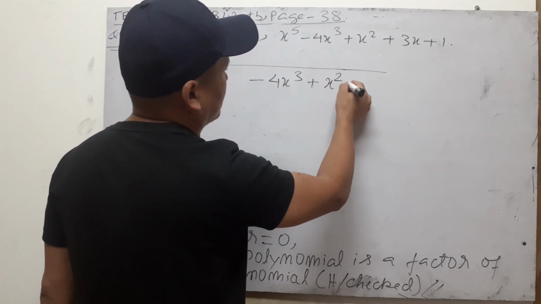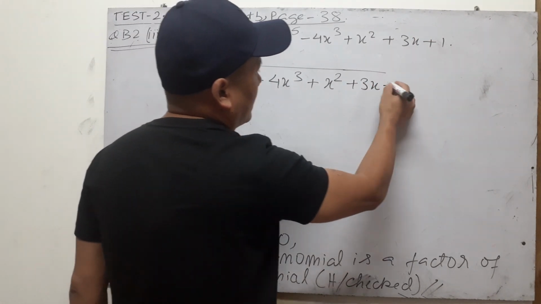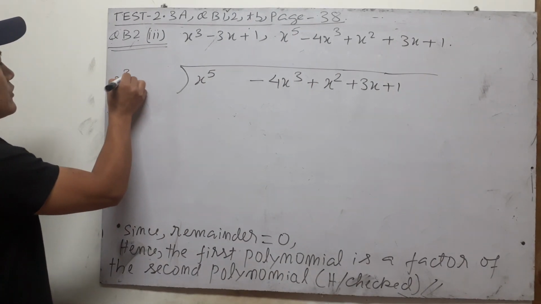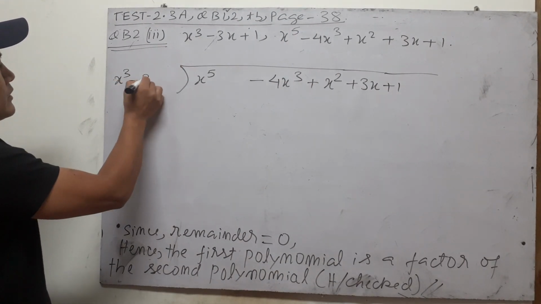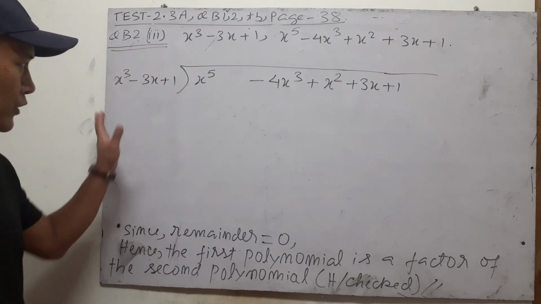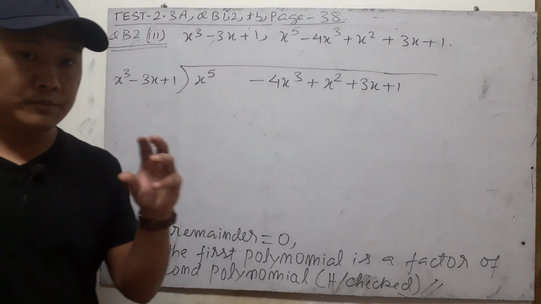Next lower than 2 is 1, so 3x, no number means 1, and then plus 1. The divisor is also in standard form: highest x to the power 3, then x to the power 1, and no x. So the terms are in standard form.